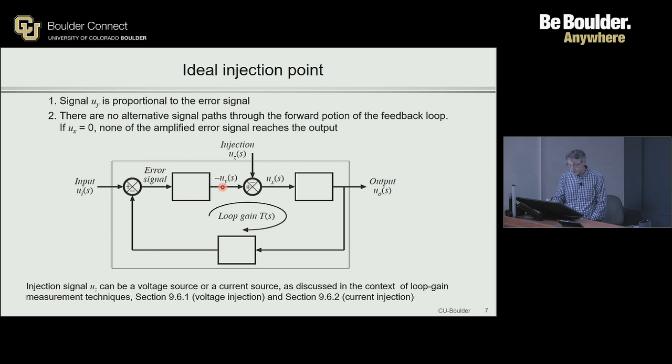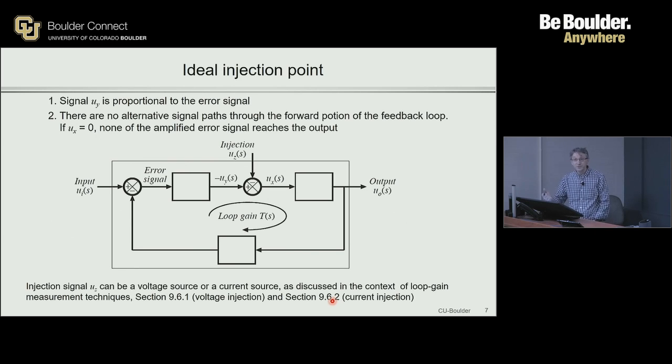So in the sense of the measurement of loop gain, you have seen this particular type of setup when we use the injection signal to enable measurement of the loop gain. And in those sections 9.6.1 and 9.6.2, we noted that that injection signal can be a voltage injection signal or a current injection signal. And indeed, that is the case.